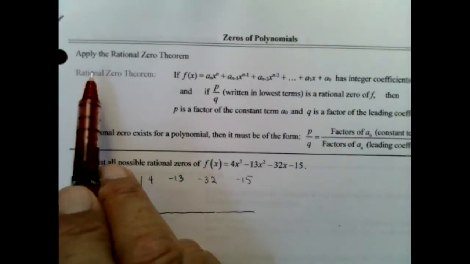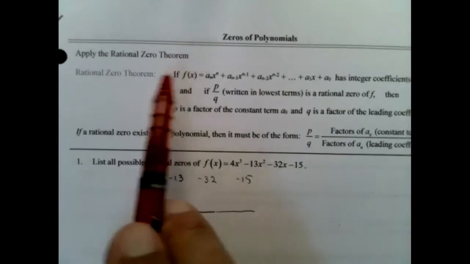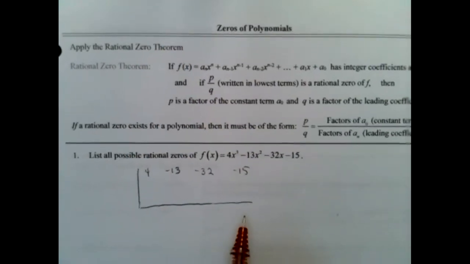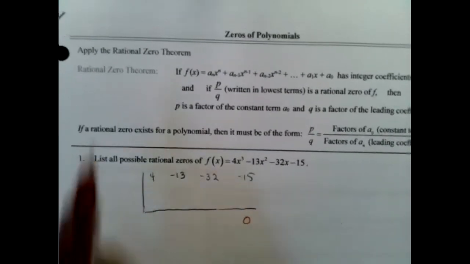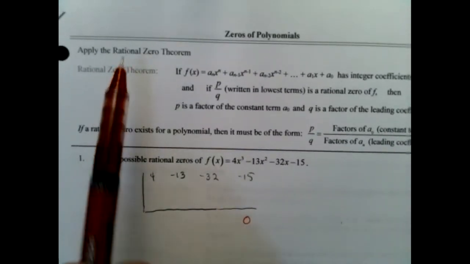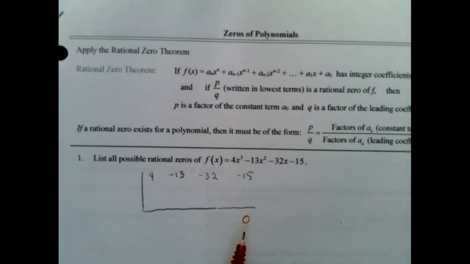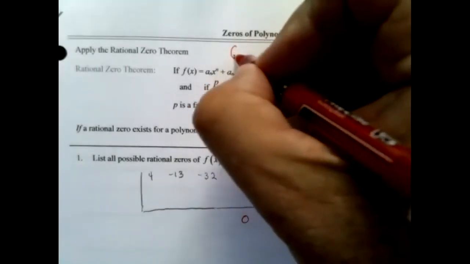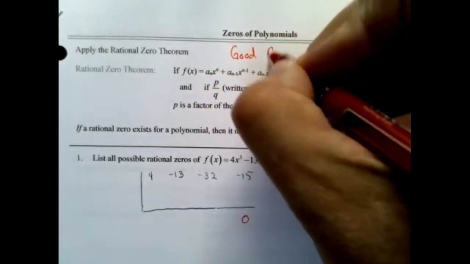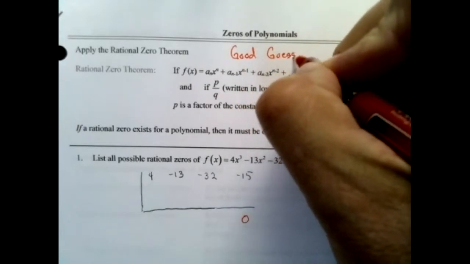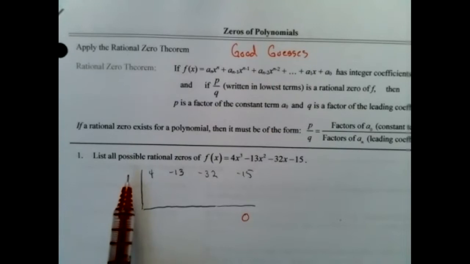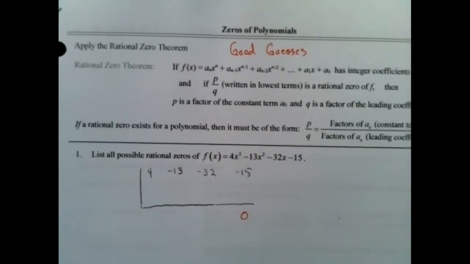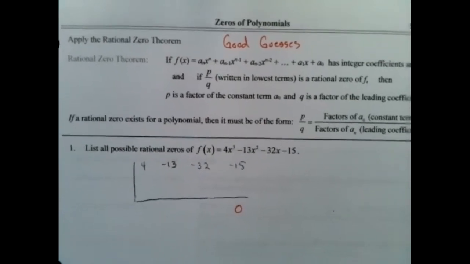Zero theorem means I want this number to end up being a 0. So I'm going to look at some rationals that are going to help me get this 0. I call these good guesses. We're going to find some good guesses that we can put here to go through this and see if we can factor this.